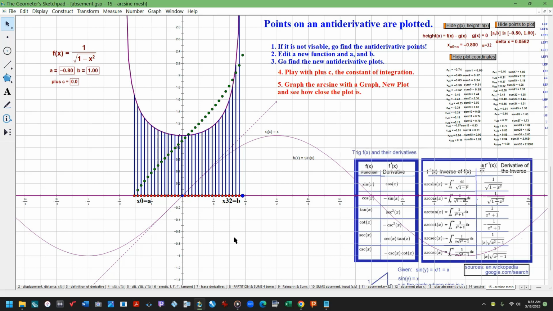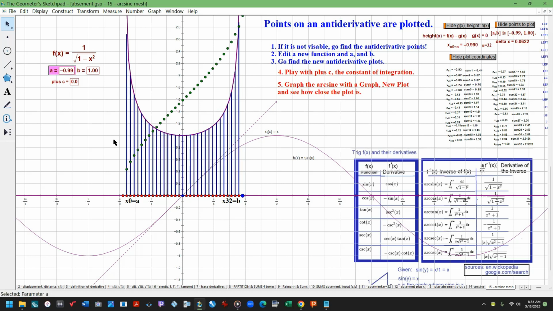Again, we're using left-hand boxes. So I have to make sure that I don't use -1 because it won't be in the domain because I'm using the boxes. So let's go with -0.99. Okay, we can see it's got a nice curvature. It doesn't look like it matches.